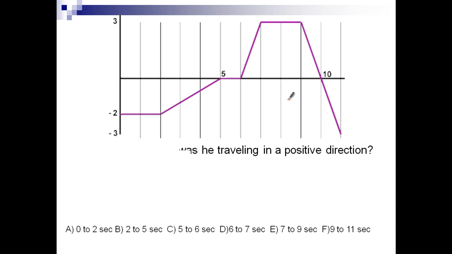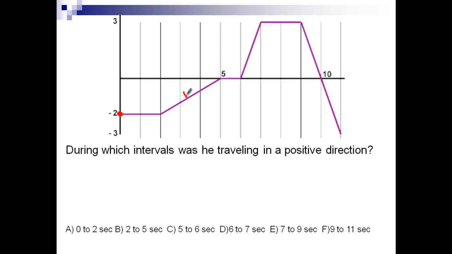All right, so let's try to label these guys. So during which interval were you traveling in a positive direction? So here, you started out at your starting position. So we're traveling positively whenever our velocity is positive. So this first section is going to be 2 to 5 seconds.